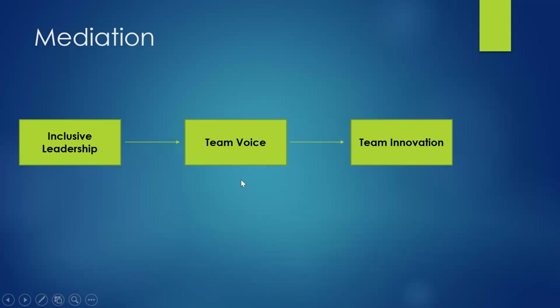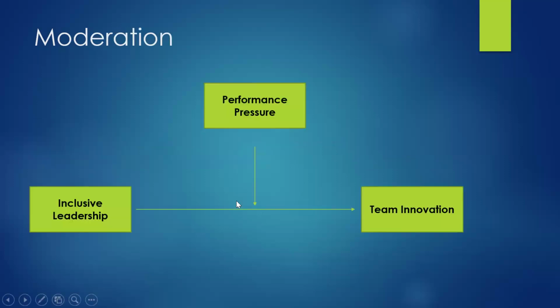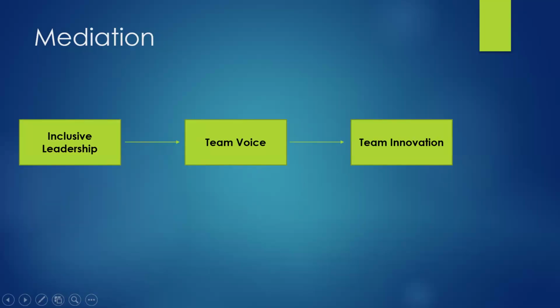They are saying that because of inclusive leadership, team voice is enhanced. And because team voice is enhanced, team innovation increases. So as you can see, team voice is the intermediary variable, or an explanatory variable that explains the relationship between the independent variable of inclusive leadership and the dependent variable of team innovation.